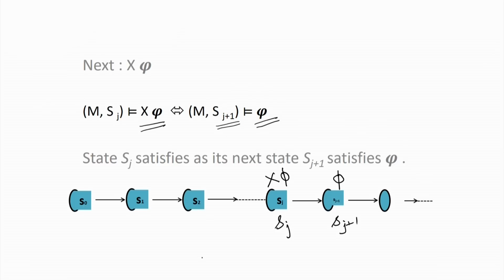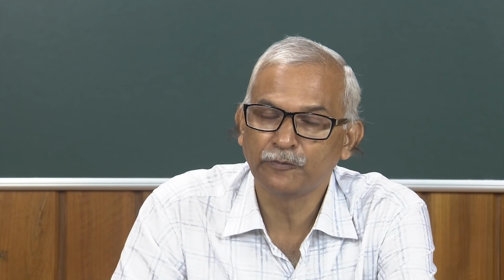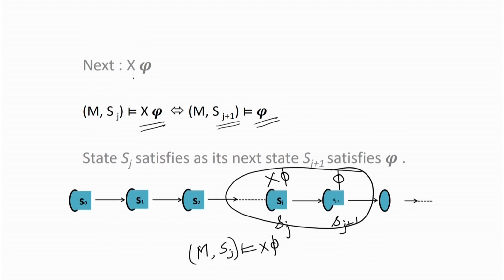So, I am saying that M, S j models X phi, or X phi is true in the state S j, if we have such behavior in our system. That means, if in the next state j plus 1 phi is true, then in state S j we say that X phi is true. This is the way we define the truth values of a temporal formula which involves the next operator. So, this is a simple meaning of the next operator.